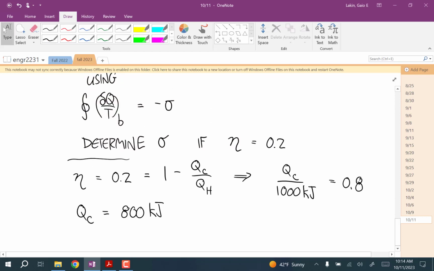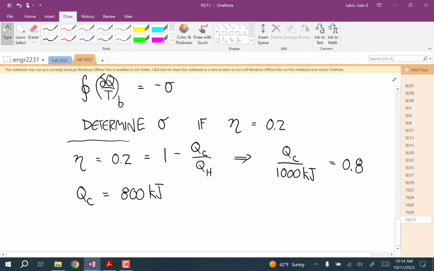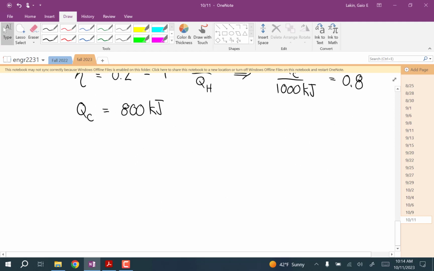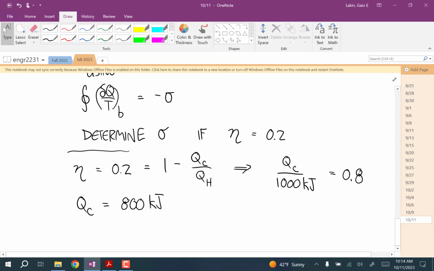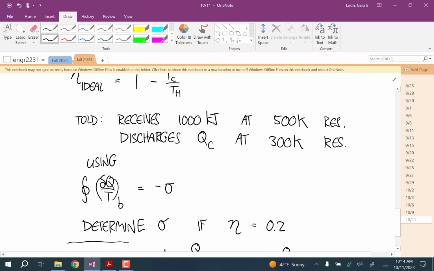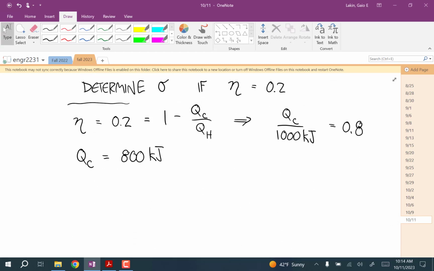Now we're going to use the definition, that Clausius inequality, the definition of sigma, and given that all of the heat coming in is happening at a given temperature of 500 Kelvin, and all of the heat going out is happening at 300 Kelvin.